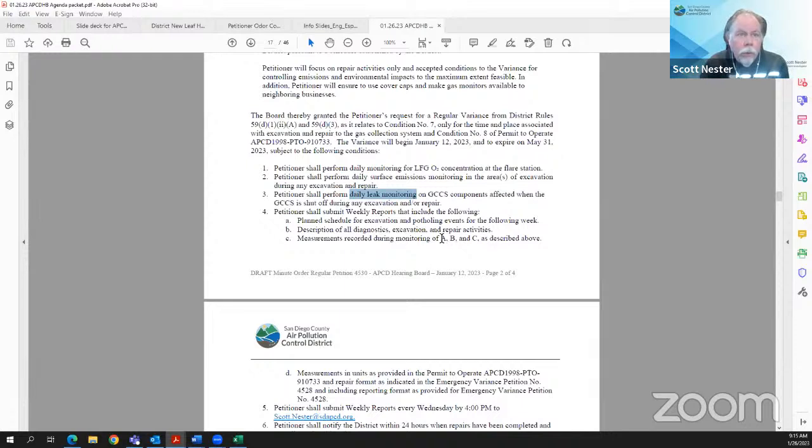So moving on to number 4 in that list, 4C, change A, B, and C to items 1, 2, and 3. So it's referring to numbers 1, 2, and 3 up above.